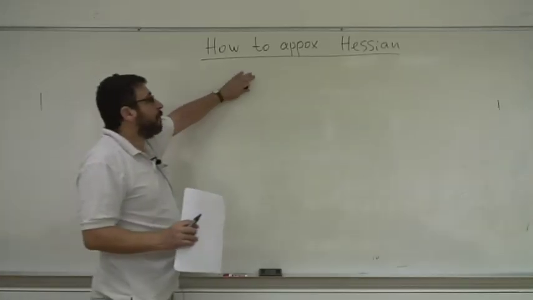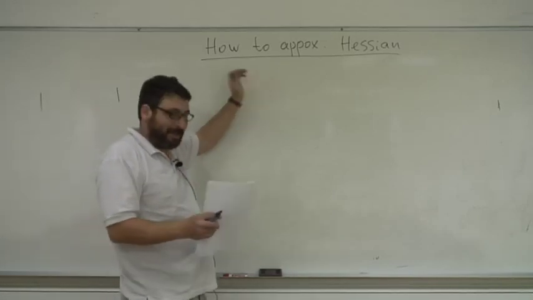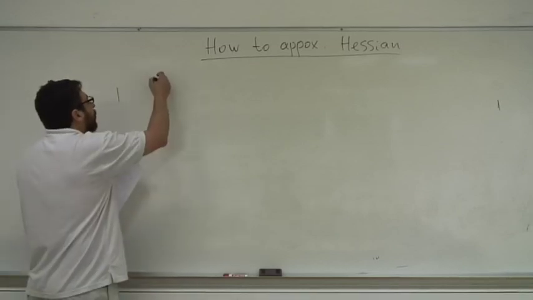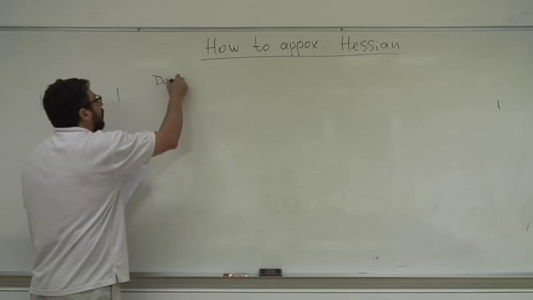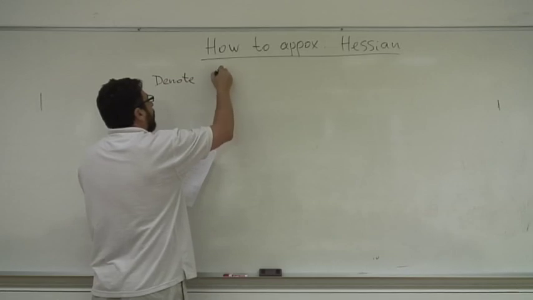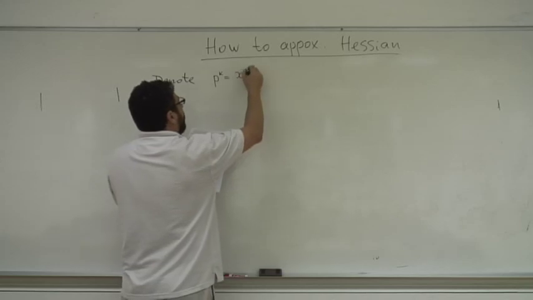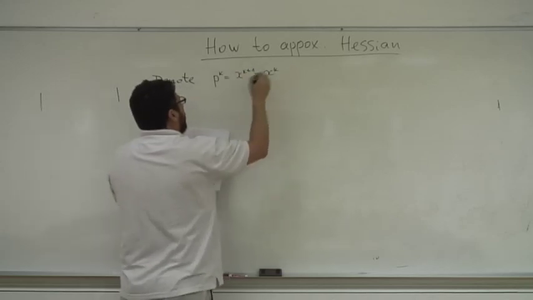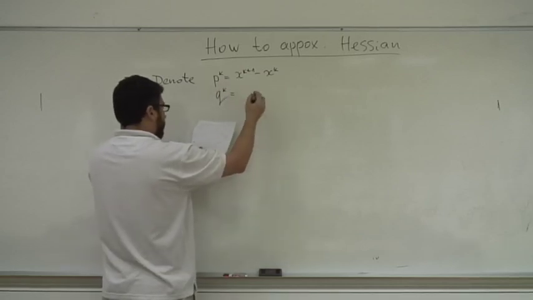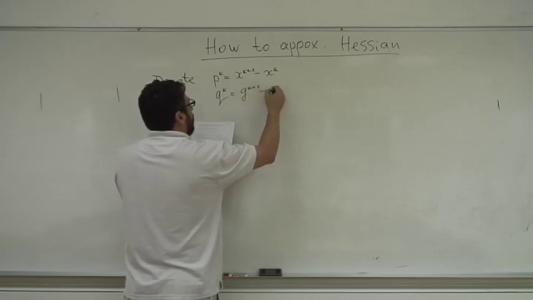Okay, so how to approximate the Hessian or inverse Hessian? We will start with the Hessian, and then we'll go to the inverse Hessian. So we'll first denote the differences we use. p_k is equal to x_{k+1} minus x_k, and q_k is g_{k+1} minus g_k.